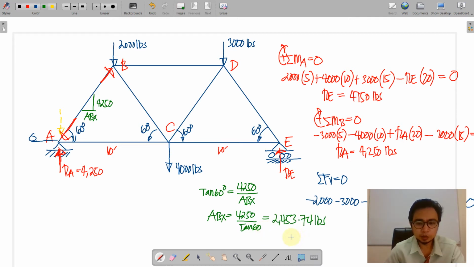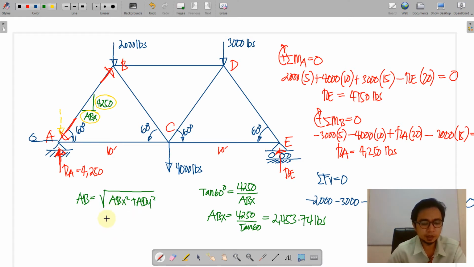We have 2,453.74 pounds. So we already obtained the components of AB along X and along Y. We will just use them to solve the mother force or the diagonal force AB. We can simply do that by the Pythagorean theorem, that AB is equal to the square root of the sum of the squares of its components. So we have 4,907.48.